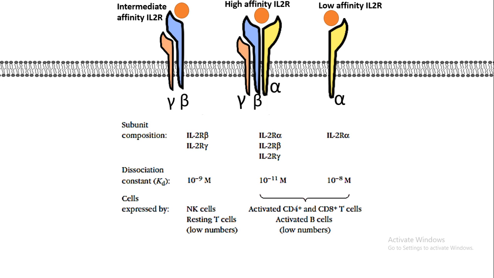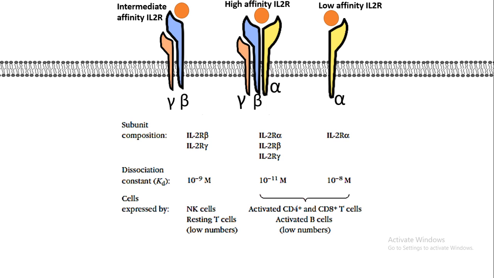Here is a list of where these receptors are found: intermediate affinity receptors are found mostly on resting T cells and natural killer cells, and the high affinity and low affinity receptors are found on the surface of activated CD8 positive T cells and CD4 positive T cells.